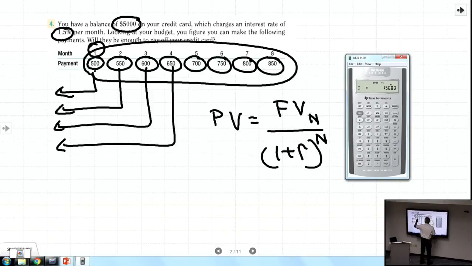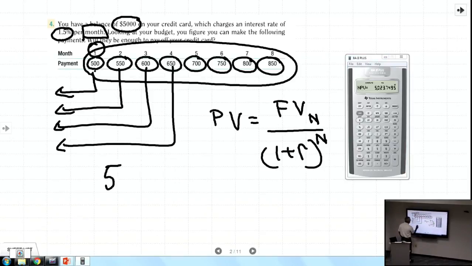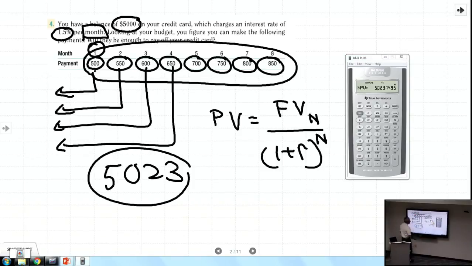For this particular problem, each period happens to be a month. Sometimes it could be a year, sometimes a month, sometimes days. In this case, it's month. Then I scroll down to NPV and compute. All of that adds up to a present value of 5,023, which means these cash flow payments are sufficient to pay off my loan of $5,000.